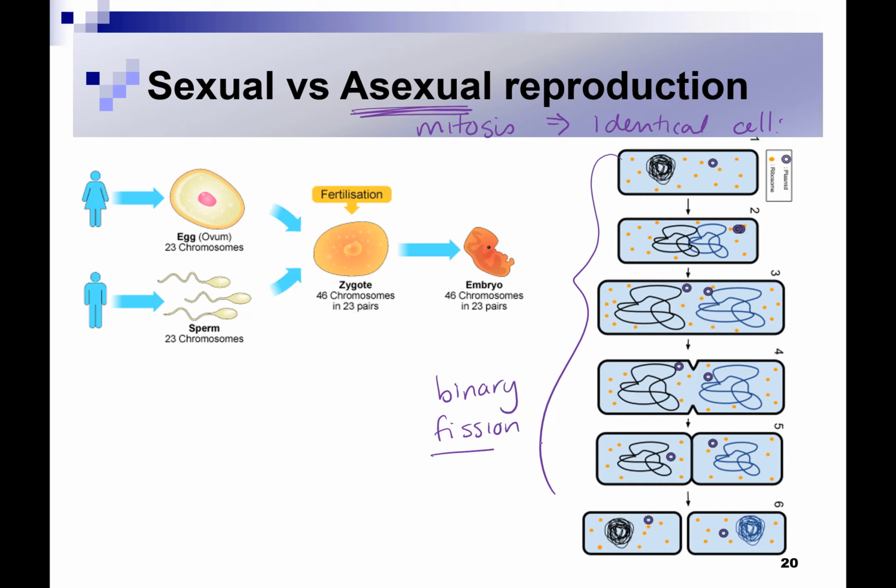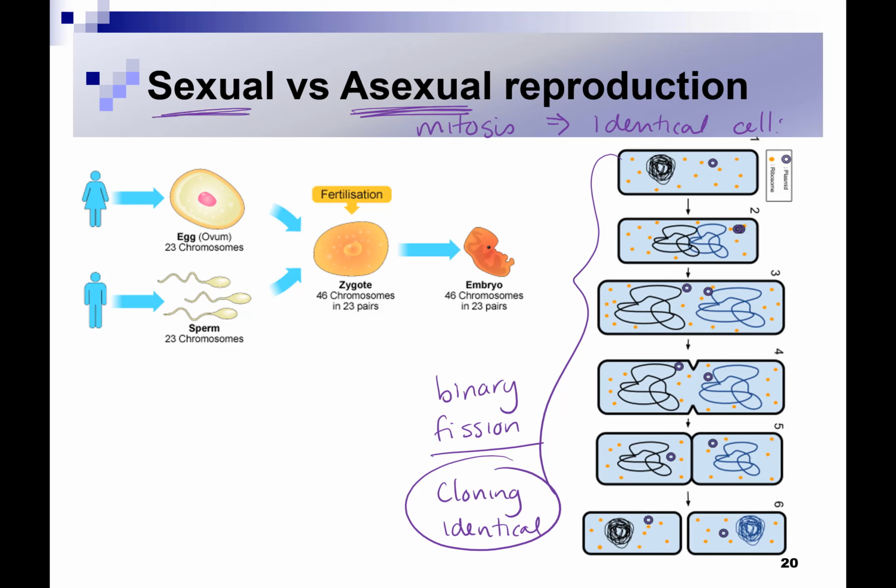Technically, it's called binary fission because it's a little more simple than mitosis. But what you're doing is you're taking one cell and making two identical. So it's like cloning. You're making identical copies. Many protozoa, like my friend Euglena or Paramecium or amoeba, will do asexual reproduction where they'll just grow bigger and split in half. And now we've got two.